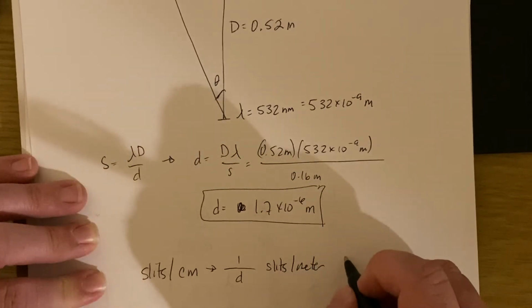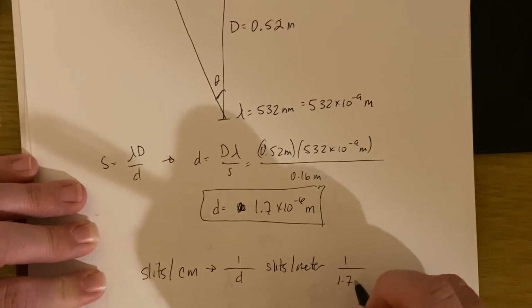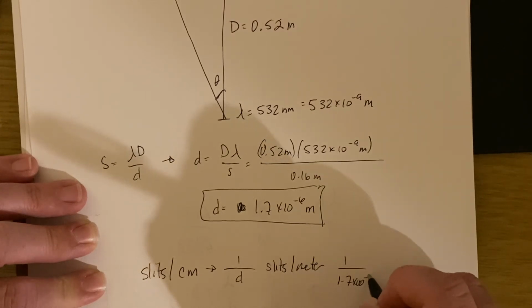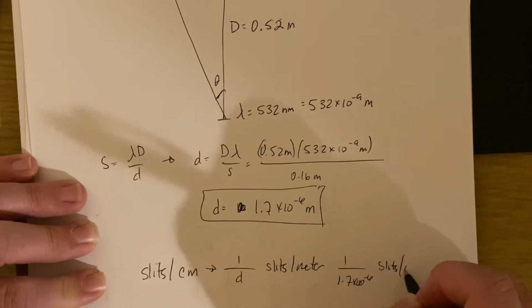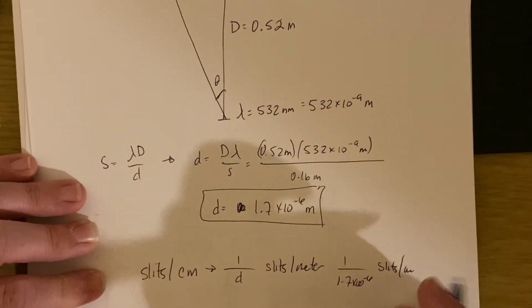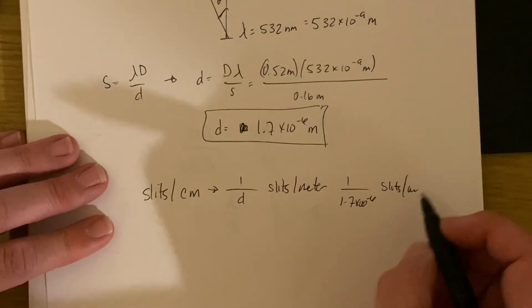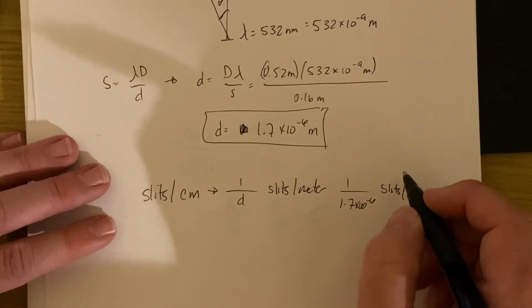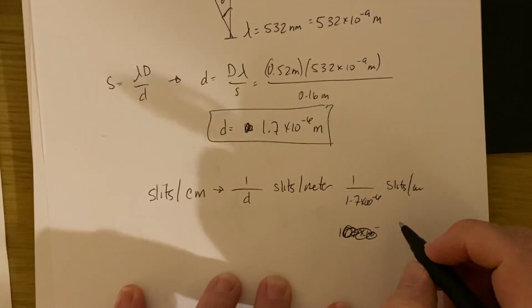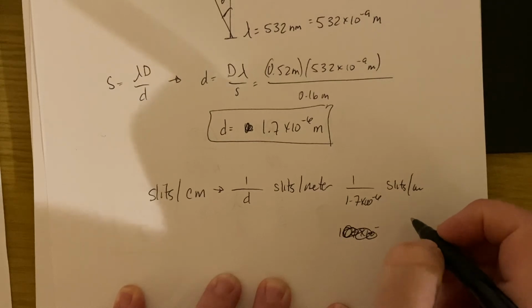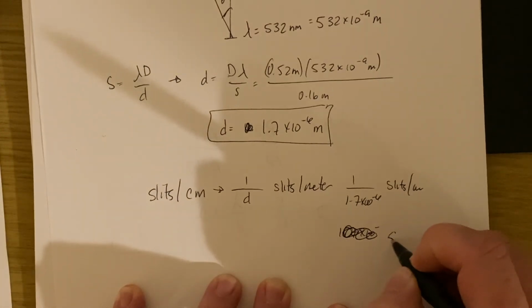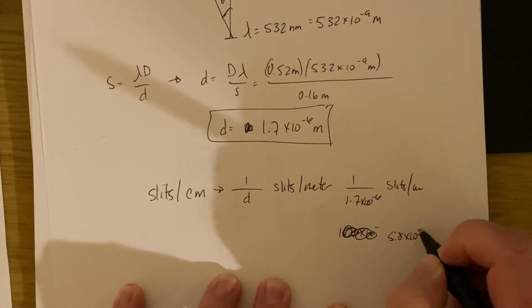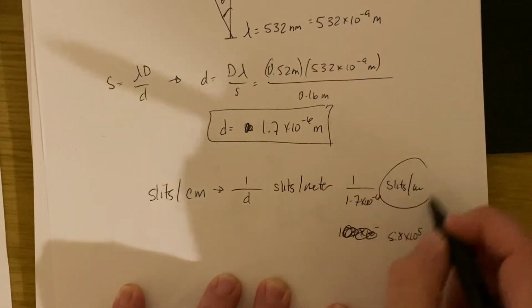And so we would take 1 over 1.7 times 10 to the negative 6, and that would give us slits per meter, which in this case is 5.8 times 10 to the 5th slits per meter.